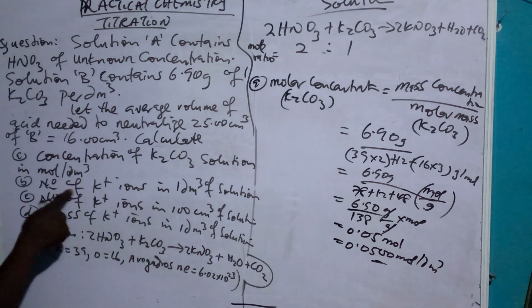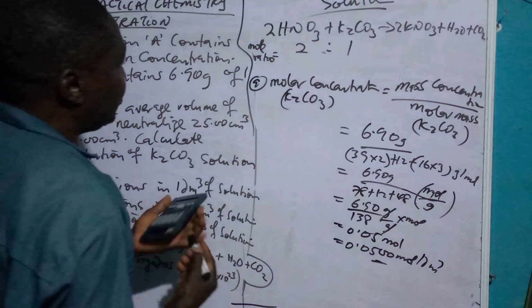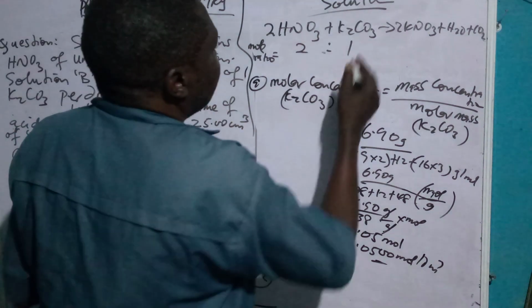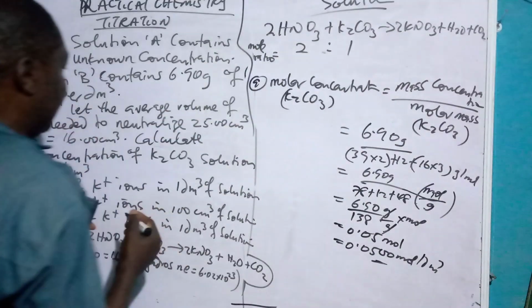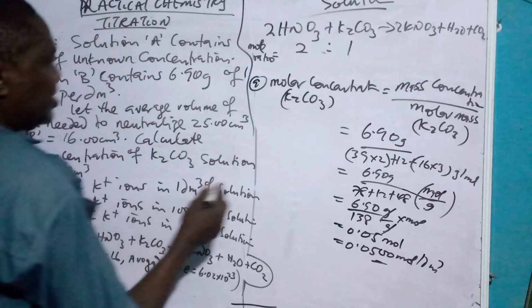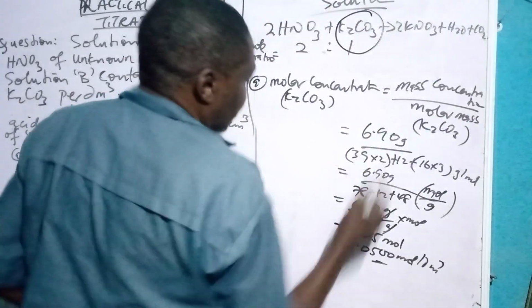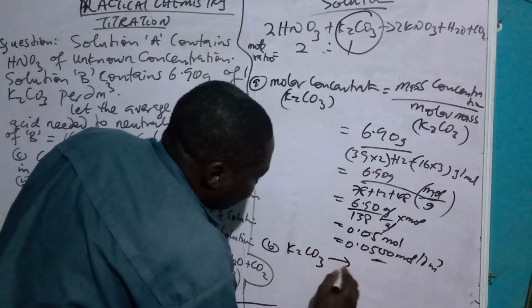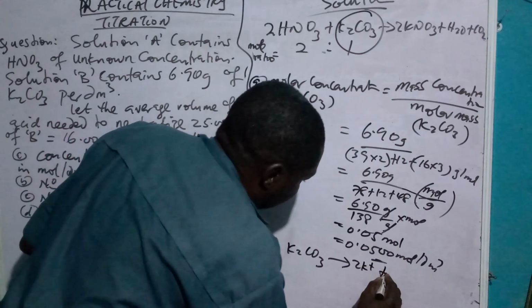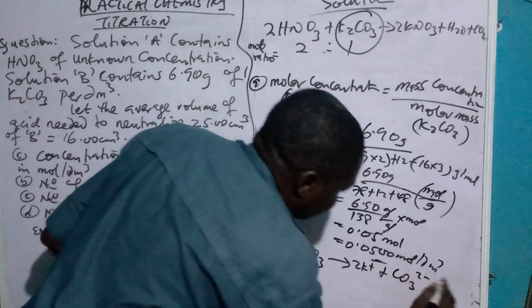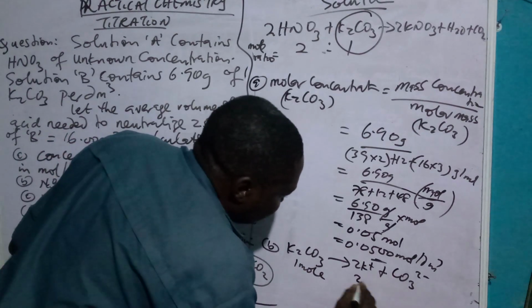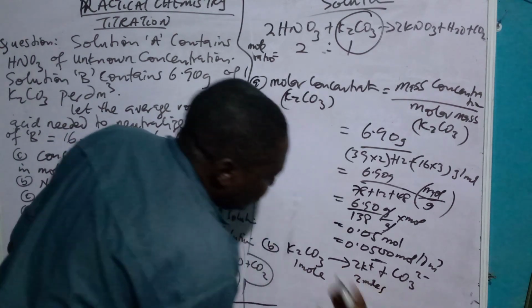The next one is number of potassium ions. Once you have number, it means you must use the Avogadro's number, Avogadro constant. So, say number of potassium ions in 1 dm cube. So we now say B, K2CO3 will dissociate to 2K plus and CO3 2 minus. You see, this is 1 mole here, this is 2 moles. Those are the only 2 things we need.